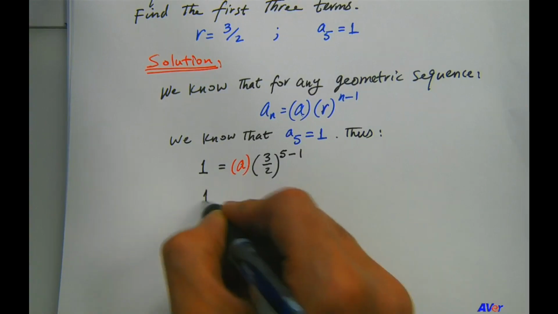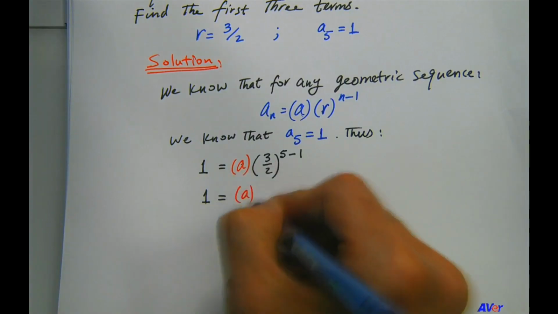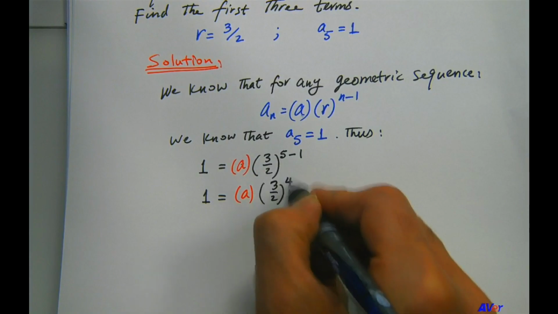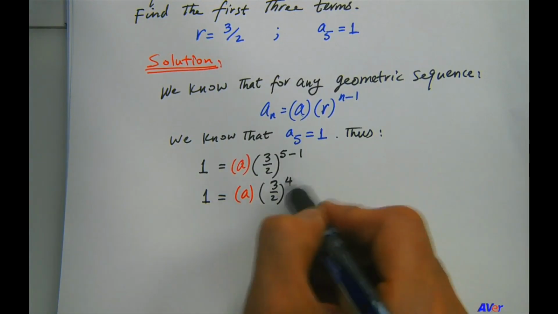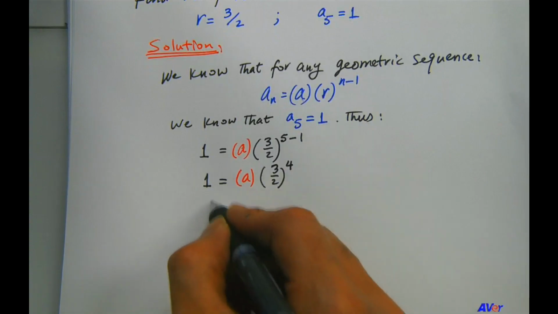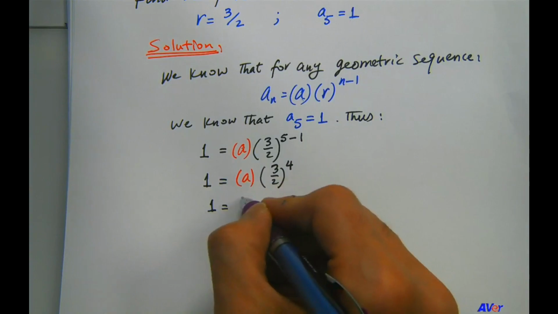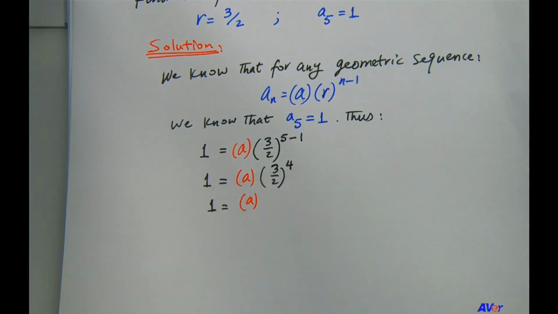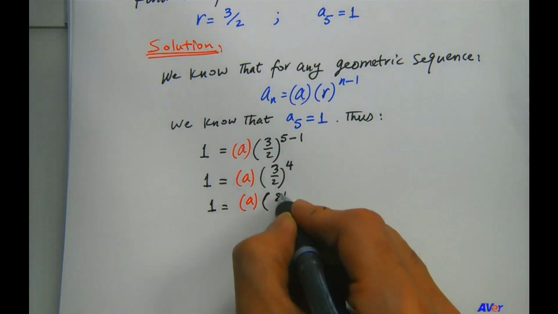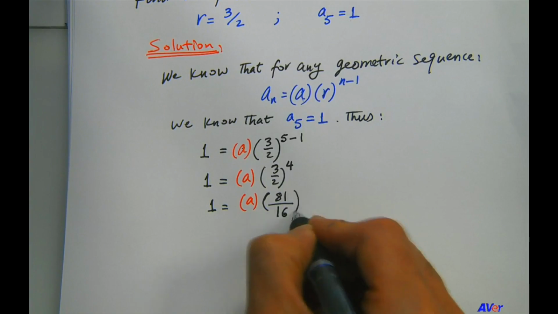So we can easily solve for it. So 1 equals A times 3/2 to the 4th power. Let's distribute that power because these are easy numbers. So we have 1 equals A times 3 to the 4th power is 81, 2 to the 4th power is 16.